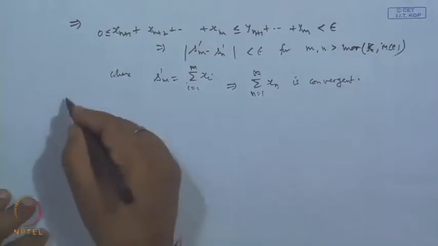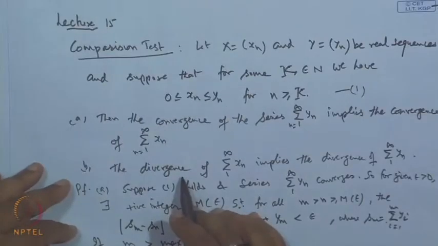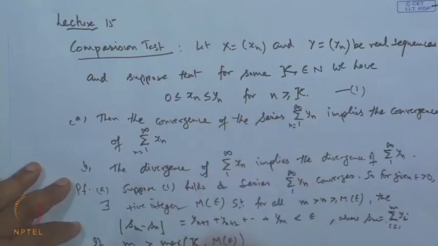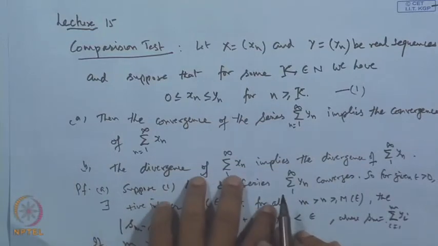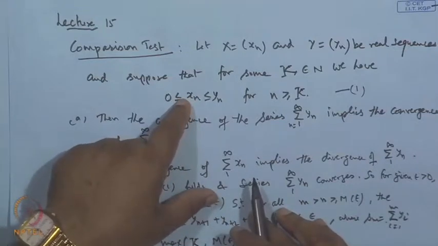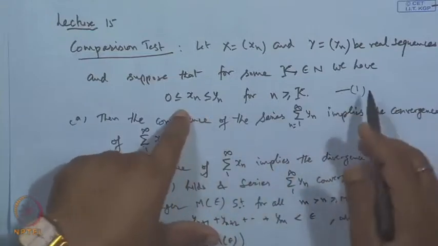The statement B follows from the first. It says if the series sigma x_n diverges, then sigma y_n diverges. Suppose the given series sigma x_n is a divergent series, and let this series sigma y_n converge, but the relation 1 also holds.